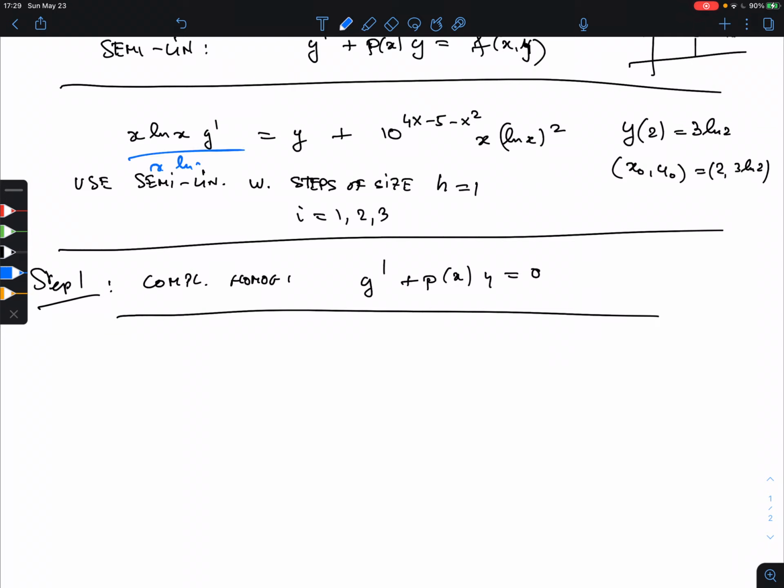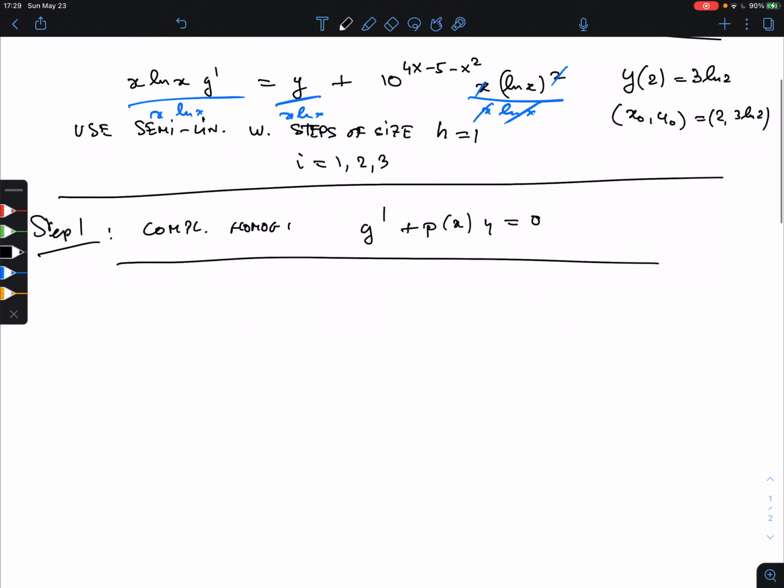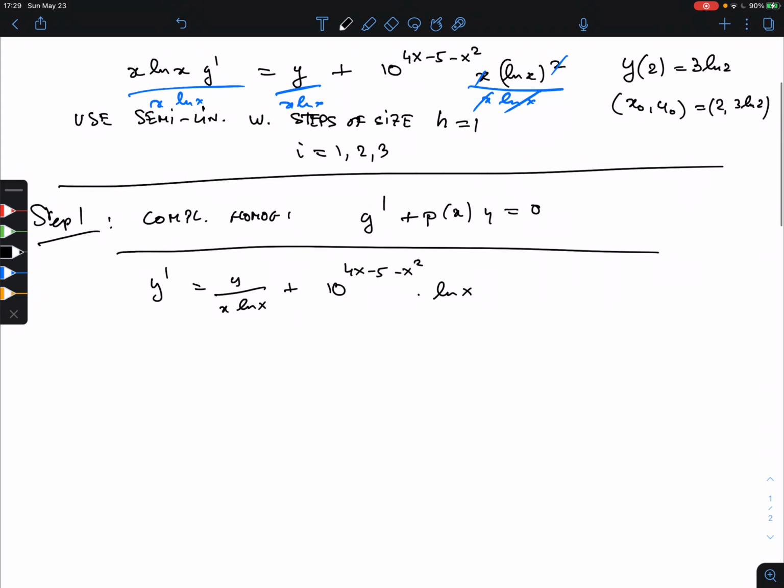And you see here now, a couple of things cancel, and that's the reason that there are such ugly terms on the side. So we now get y prime equals y over x ln x plus this ugly term, 4x minus 5 minus x squared, times ln x. There's only one ln x left. So this is going to be our differential equation.